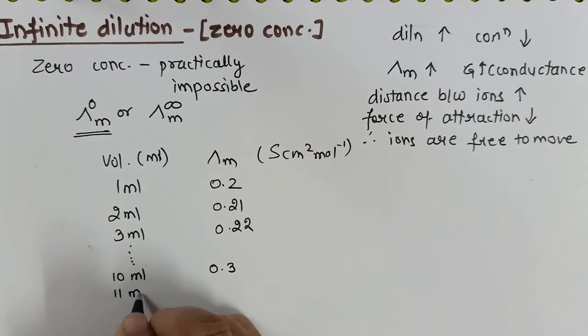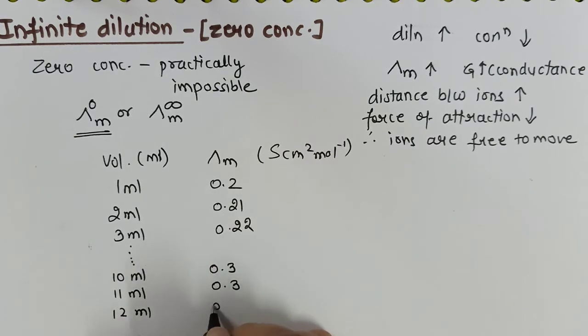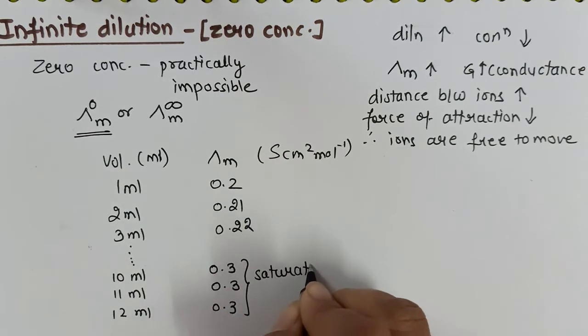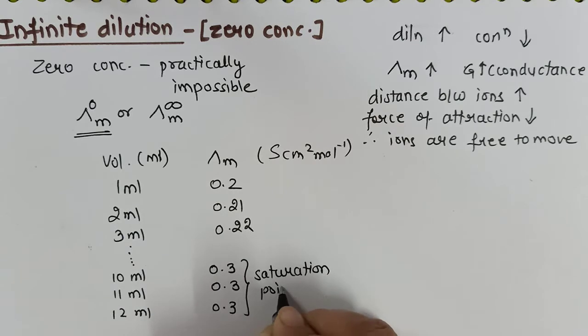If I make the volume 11 ml, then also the value remains the same. If I make the volume 12 ml, then also the value remains the same. Now this is the saturation point, or this I will call molar conductivity at infinite dilution or molar conductivity at zero concentration.